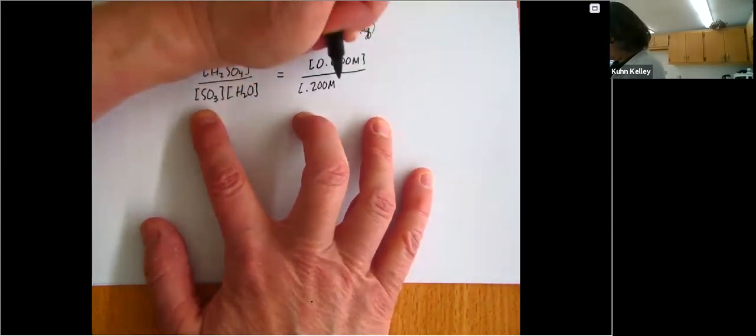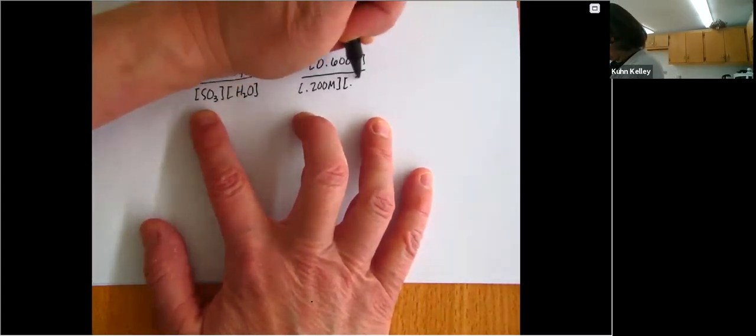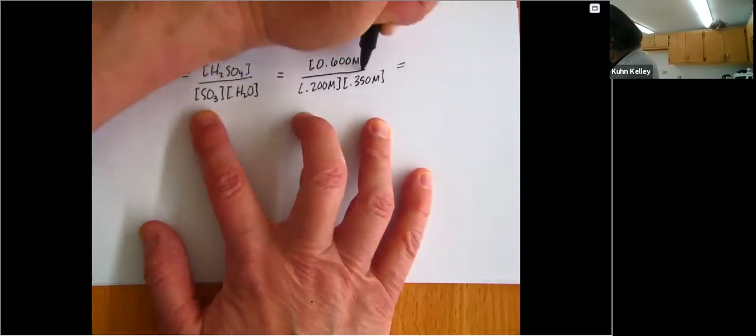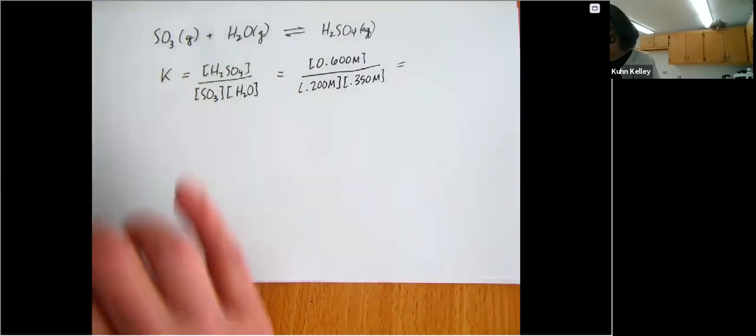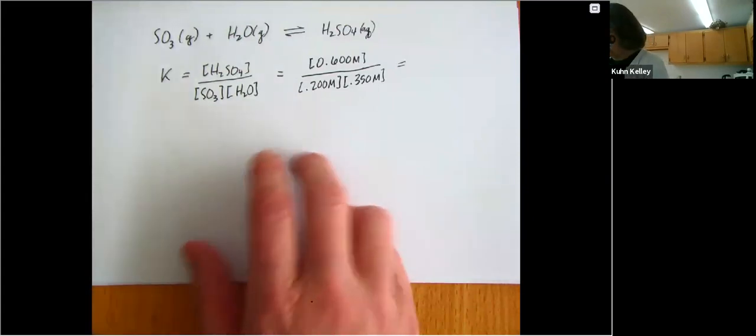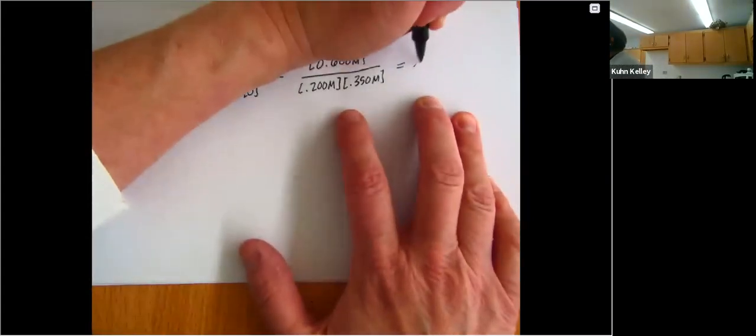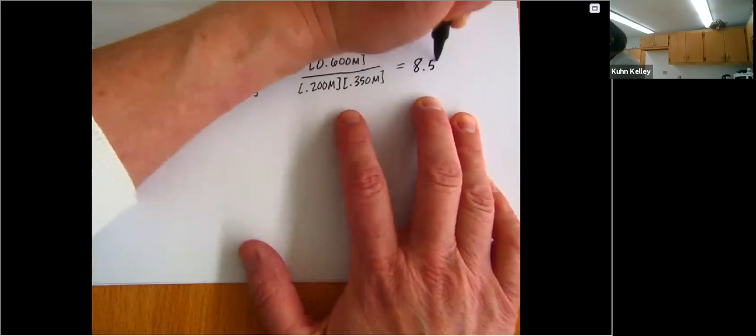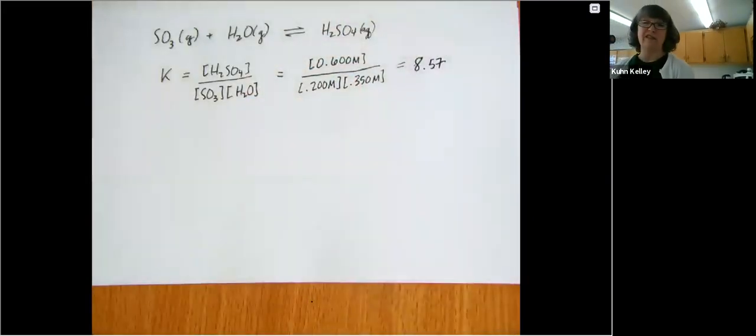And for the water, it's 0.350 molar. So when I plug those in, 0.6 divided by 0.2 divided by 0.35, I get an equilibrium constant of 8.57. I had 3 sig figs, so I just kept that in my answer.